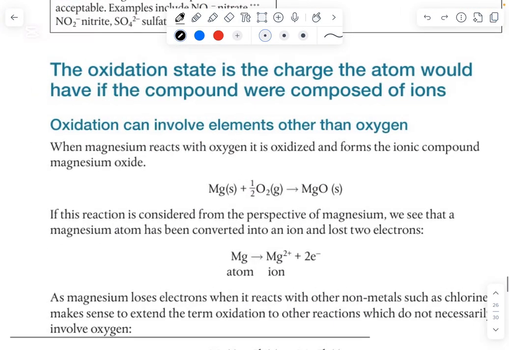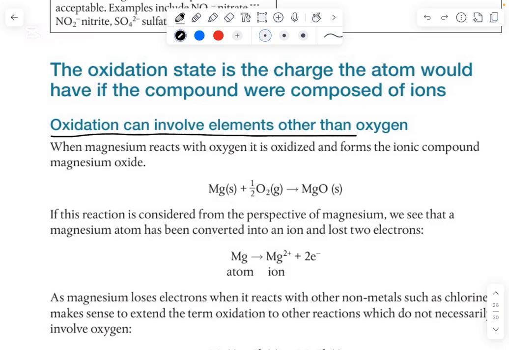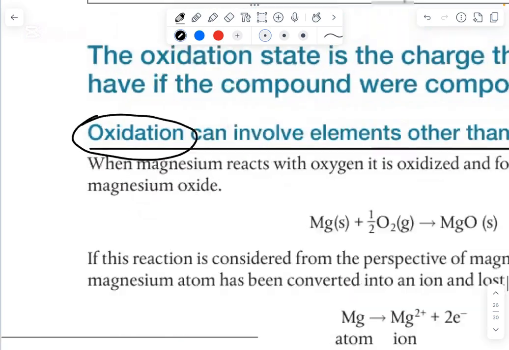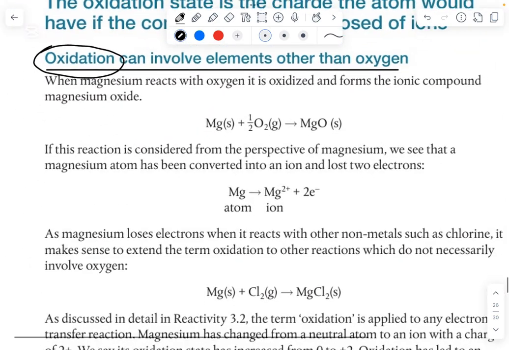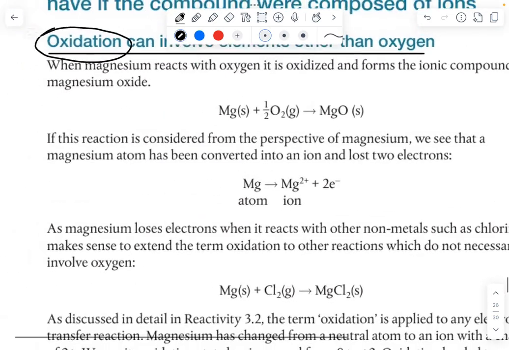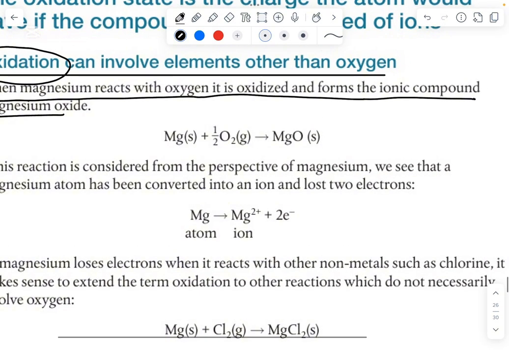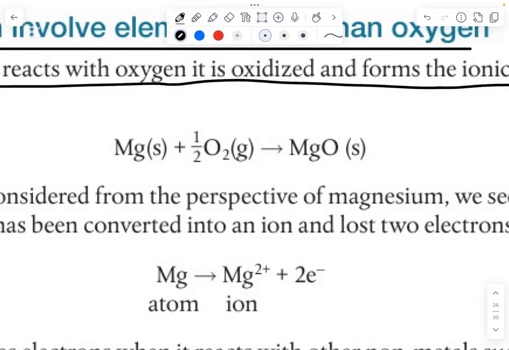Oxidation. We have to remember that oxidation can involve elements other than oxygen. Even though it sounds like it can only apply for oxygen, oxidation can happen to any element. Let's see. When magnesium reacts with oxygen, it is oxidized and forms the ionic compound magnesium oxide. Let's assign oxidation states. So, the oxidation state of an uncharged element is always going to be 0, as seen over here.